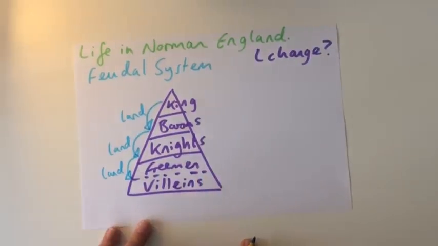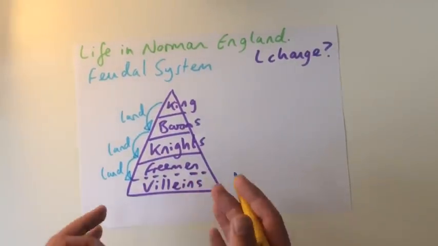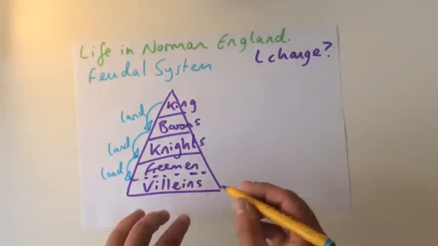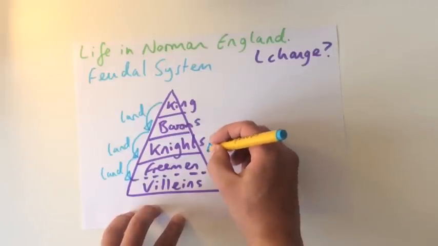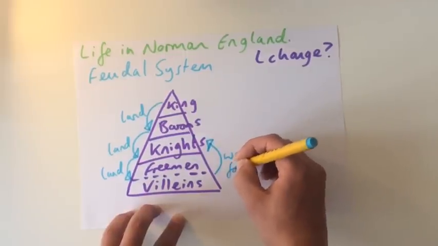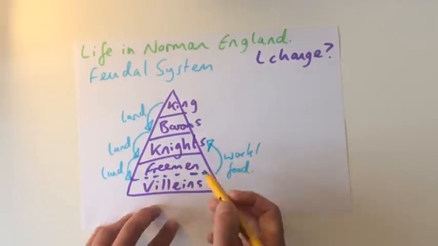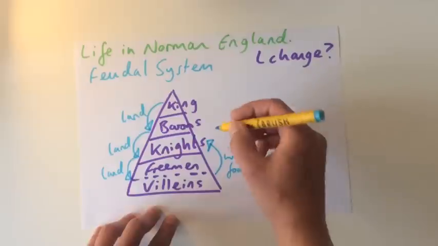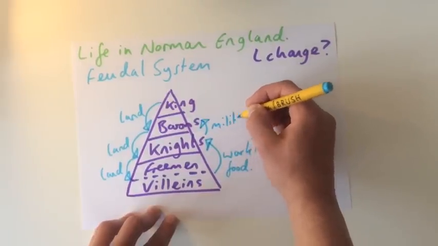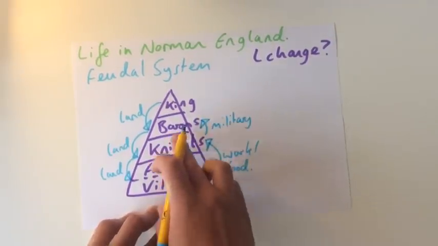Okay, so what do the people at the bottom give in return for this land that's coming down the system? Well, the freemen and the villeins provide essentially work and food to their knight, to their lord of their area. The knight promises to serve in a military capacity for the barons.